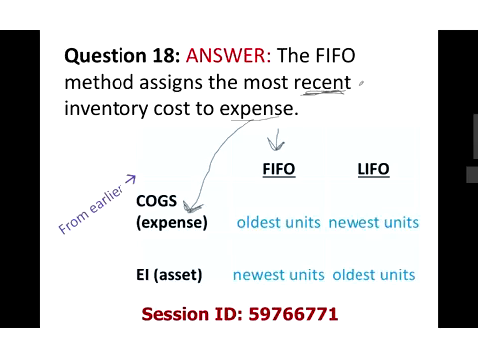Okay, any last minute changers here? We're up to 92%. Do take a look. I'm asking that intersection of FIFO and expense, is that recent or newest units? Is that true or false? That is how you interpret this.